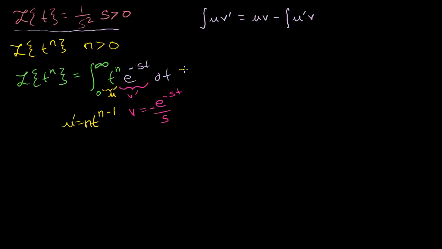So let's apply the integration by parts. This is going to be equal to uv. U is t to the n, times v, which is e to the minus st over s, with a minus sign there. So minus t to the n times e to the minus st over s.